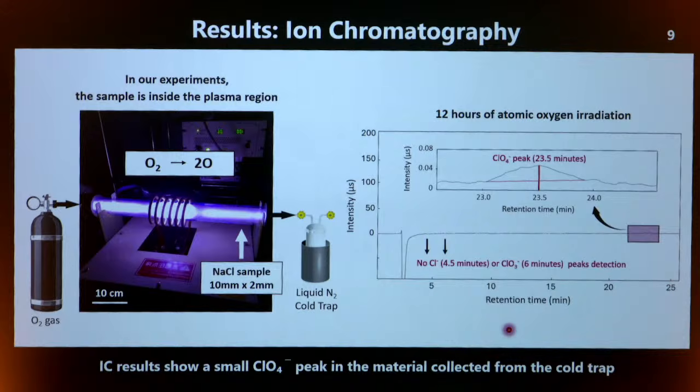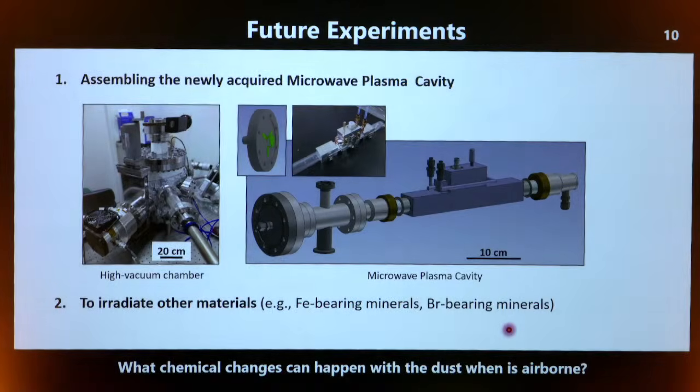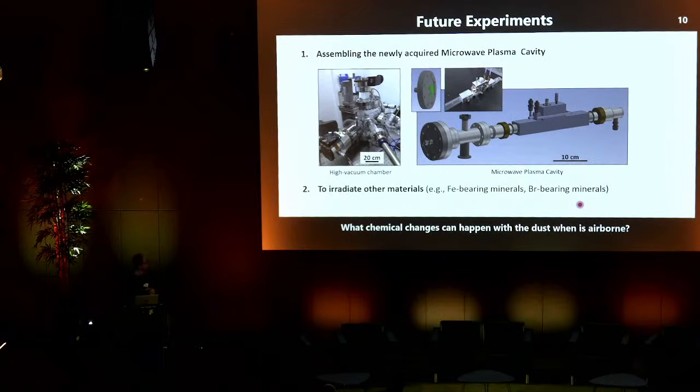So what we need to do is to improve this experiment, and in future experiments that is what we are going to do. We acquired a new plasma system, a microwave plasma system that I'm showing here on the right. We are going to connect this plasma system to a vacuum chamber that we have in our lab.